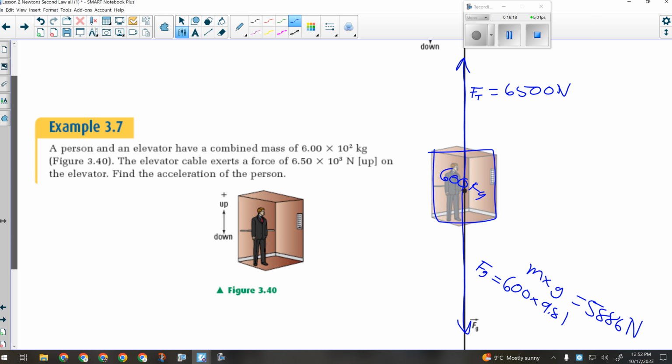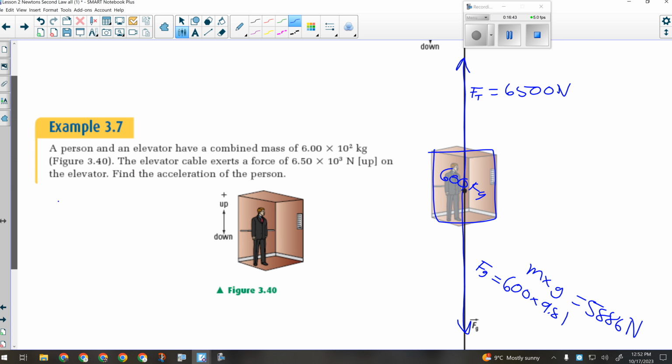So now I've got my free body diagram done. I'm trying to find the acceleration of the elevator. What do I do next? Find the net force, the vector sum of all forces. These are the only forces involved. No other forces are mentioned, there's no friction or anything like that. So this is just a really highly efficient elevator with no friction apparently.